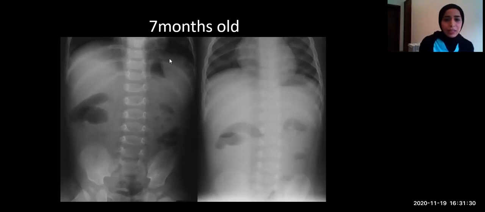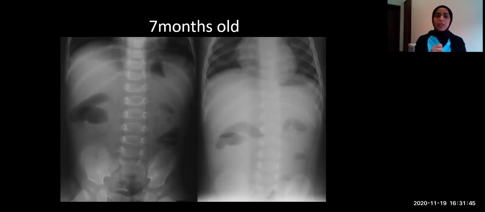As we can see here, there are decreased bowel loops at the midline of the abdomen. Additionally, there are 2 unhealthy looking bowel loops seen in the right upper quadrant, which are featureless.